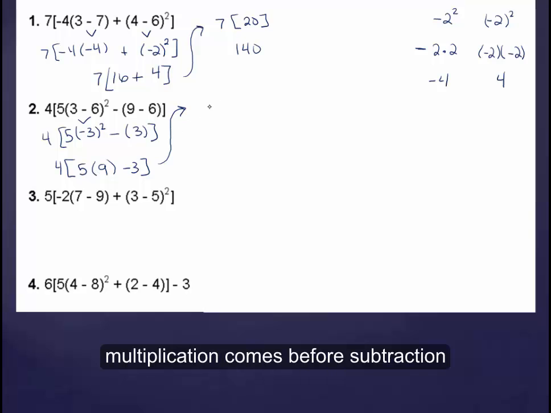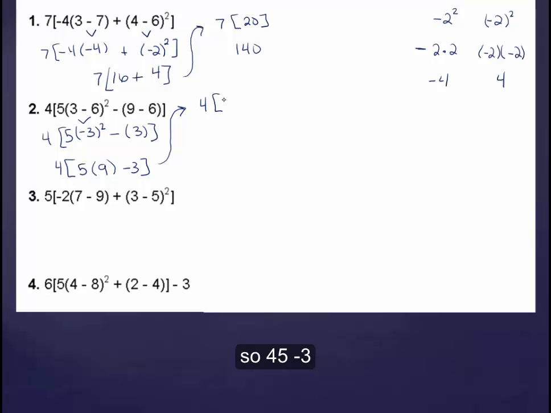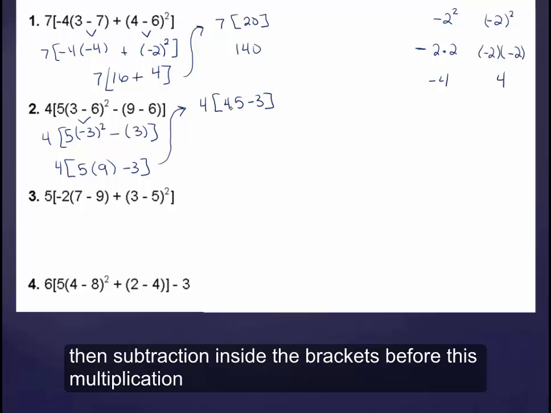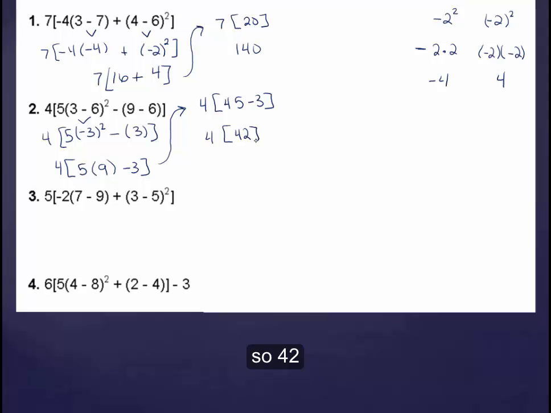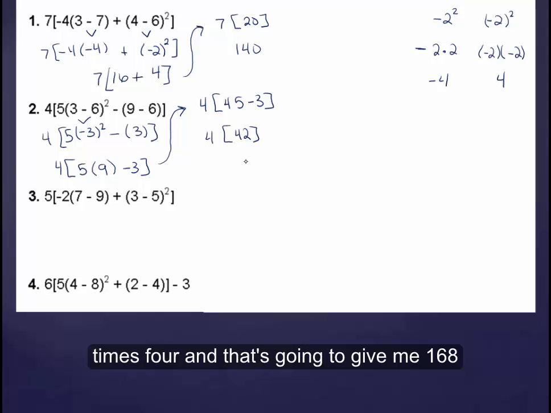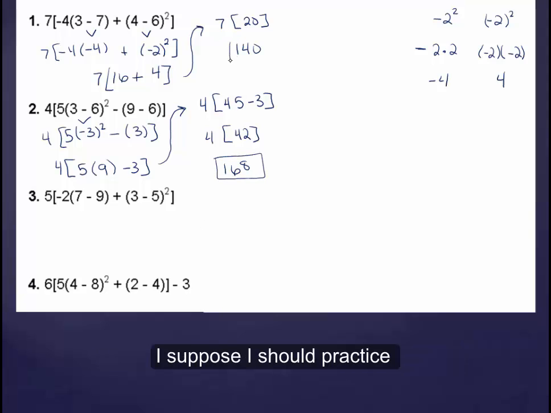Multiplication comes before subtraction, so 45 minus 3. Then subtraction inside the brackets before this multiplication, so 42 times 4, and that's going to give me 168. I suppose I should practice good skills and circle my answer.